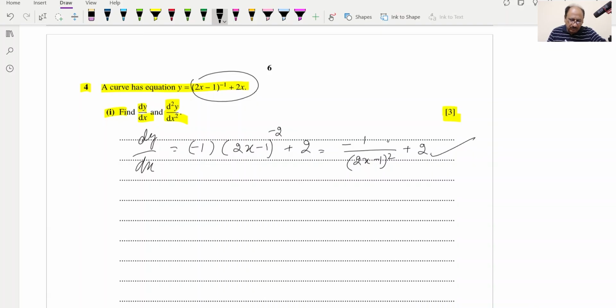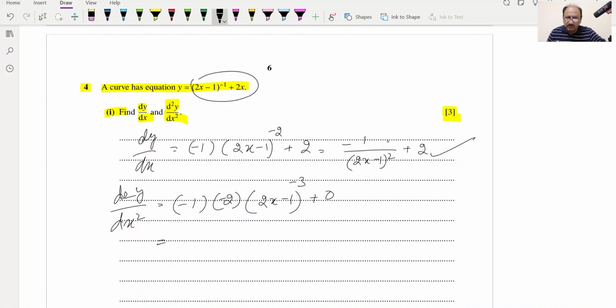Now for the second order derivative, we can write d2y over dx squared, and if we utilize this equation for derivation, it will be minus 1, and the power will be pulled first, which is minus 2, and (2x minus 1) raised to minus 2 minus 1, it will be minus 3, and the derivative of 2 will be 0.